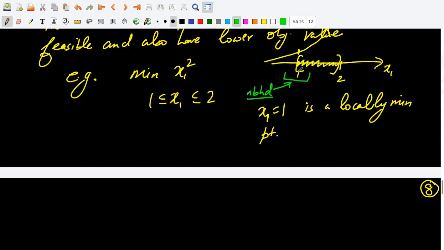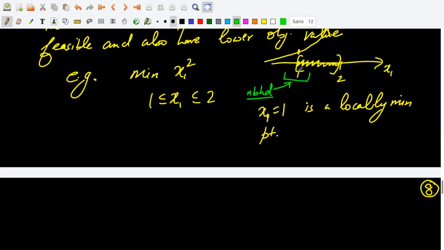So just like we had the notion of a global solution or a strict local minimum, similarly we can have corresponding definitions for the constrained case also, very similar to the unconstrained case.